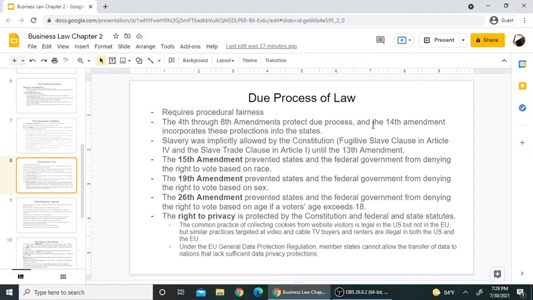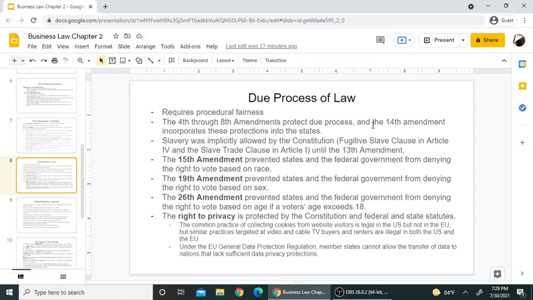The 19th Amendment basically enfranchised women across the nation. There were many states, mostly in the West, that allowed women to vote even before the 19th Amendment, but then the 19th Amendment made it so that no state or the federal government could deny the right to vote based on the gender of a potential voter.